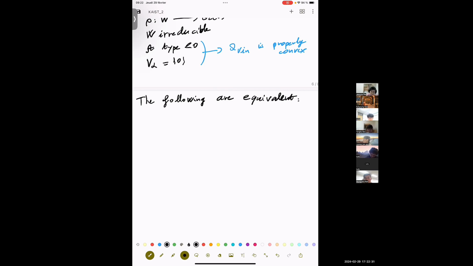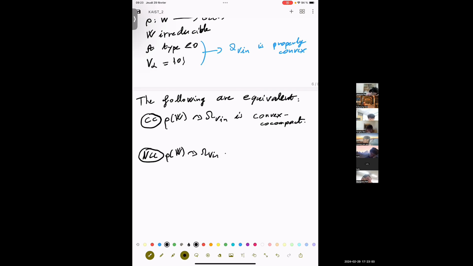So the first statement is the action of rho W on omega vin is convex cocompact. The action of rho W on omvin is naively convex cocompact.